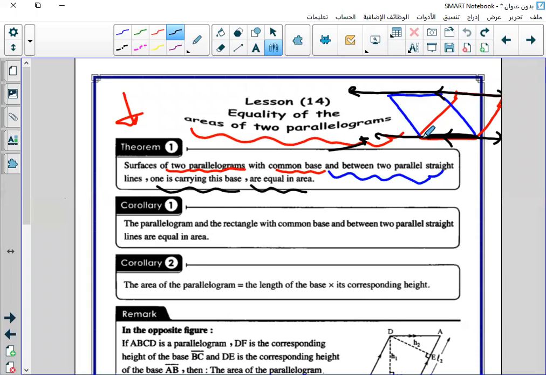Who can tell me these two conditions? Raise your hands. Yes, Hania?